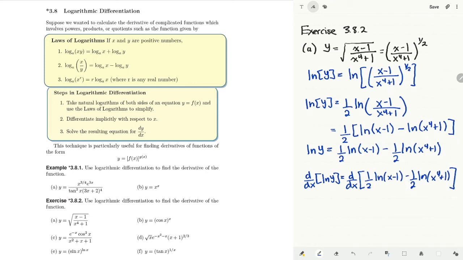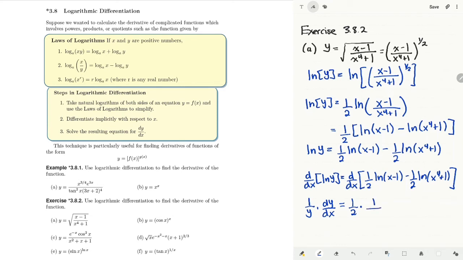So on the left-hand side, we have 1 over y times dy over dx. And on the right-hand side, we have 1/2 times the derivative of ln(x minus 1). So here we have the chain rule.